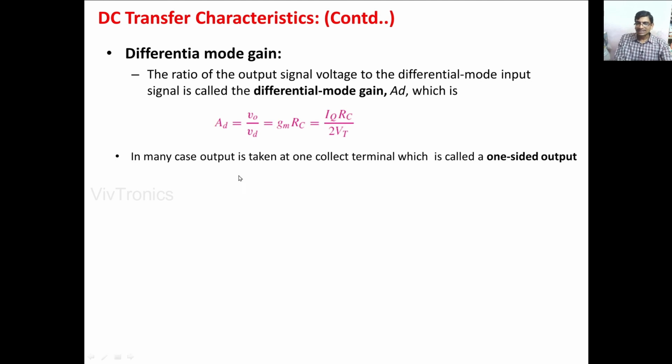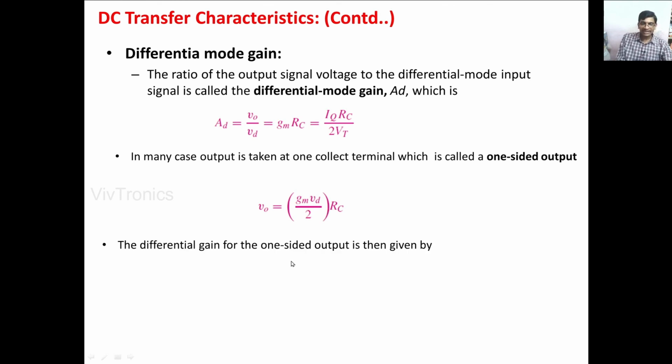In many cases, the output is taken across one collector terminal with respect to the ground, which is also called one-sided output. At that time, the output voltage V0 will be equal to GM into VD by 2 into RC.